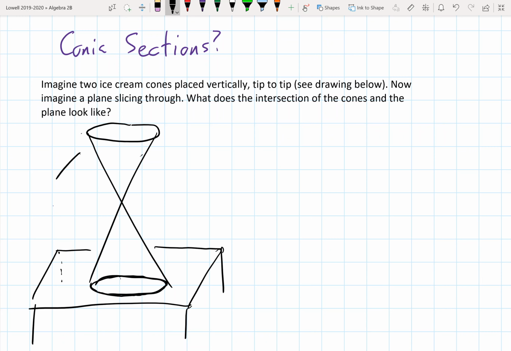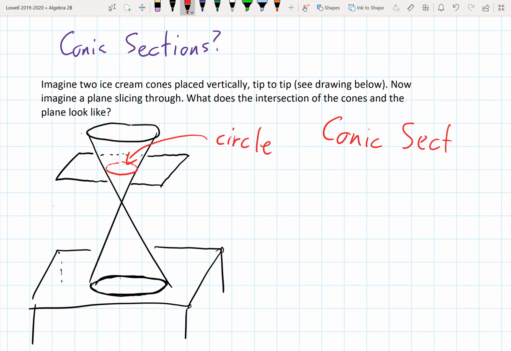If I slice through it right here, then that cross section, as we would say, basically where the cone is being sliced, is actually a circle as well. It is going to be a smaller circle there. So I'm going to draw this red cross section right here. So that is a circle. And that is what we would call a conic section. So the conic sections are where you have a double cone, and what possibilities could you get by slicing through it with a plane? So one of them is a circle.